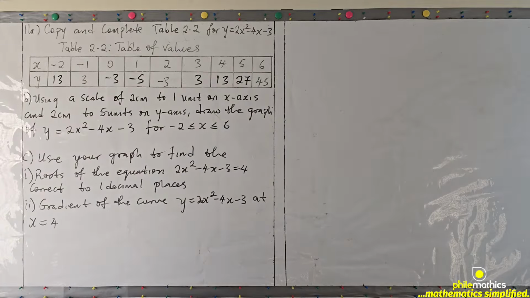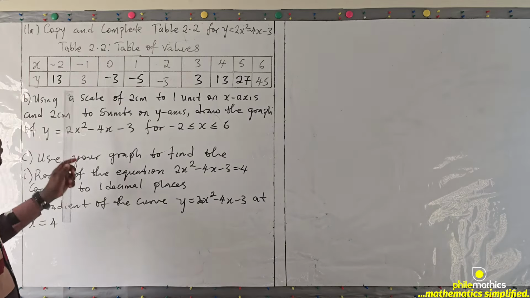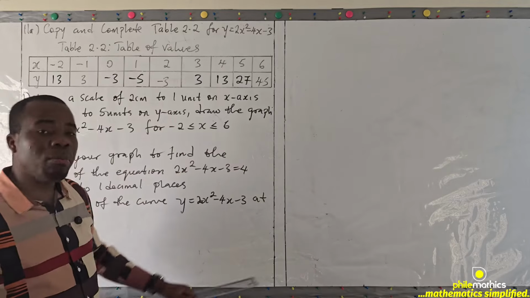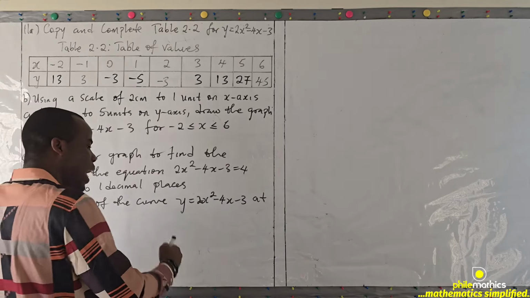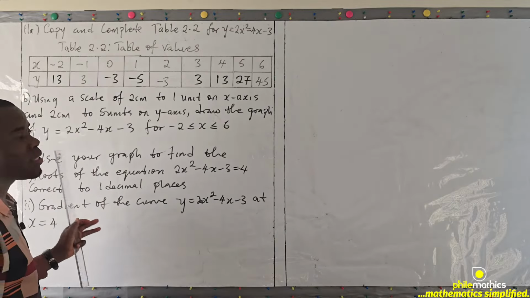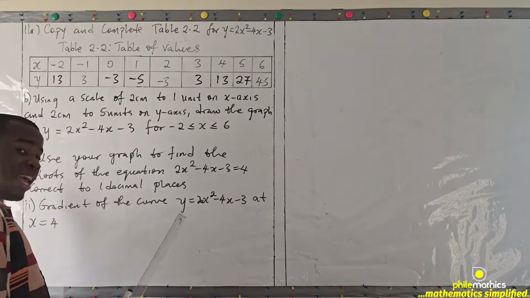So the next thing we want to do is to sketch the graph. Use a scale of 2 cm to 1 unit on x-axis and 2 cm to 5 units on y-axis. And so if you notice, our x ranges from minus 2 to 6, meaning we have more values at the right hand side of x than at the left. So this will help us tilt the vertical line to the left.